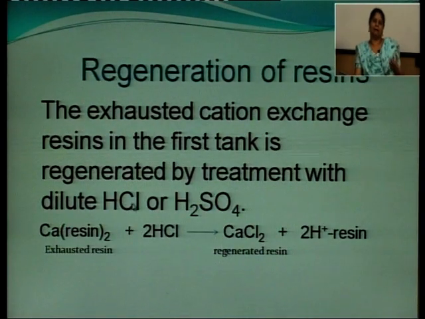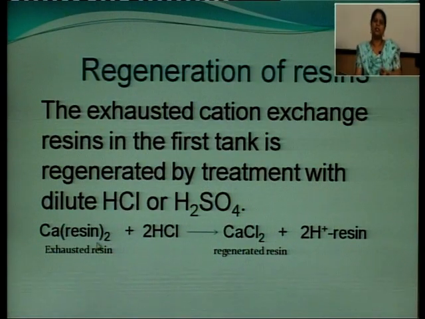Now, as in the case of permutit, when the whole of the resin has replaced the H ions as well as the hydroxyl ions, it becomes exhausted and is no longer capable of softening water, then it has to be regenerated.